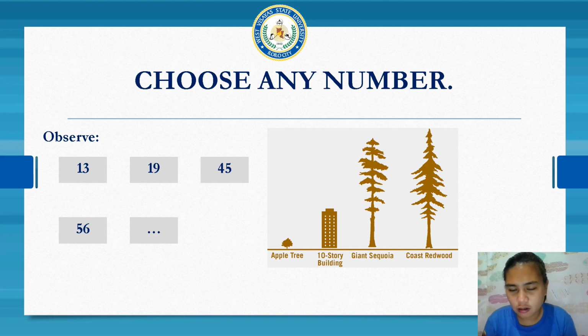And then, beside a giant sequoia, we can see that the tree is much taller than the building. And for the giant sequoia, beside the coast redwood, we can see that the coast redwood is greater than the height of the giant sequoia. So where does this lead?